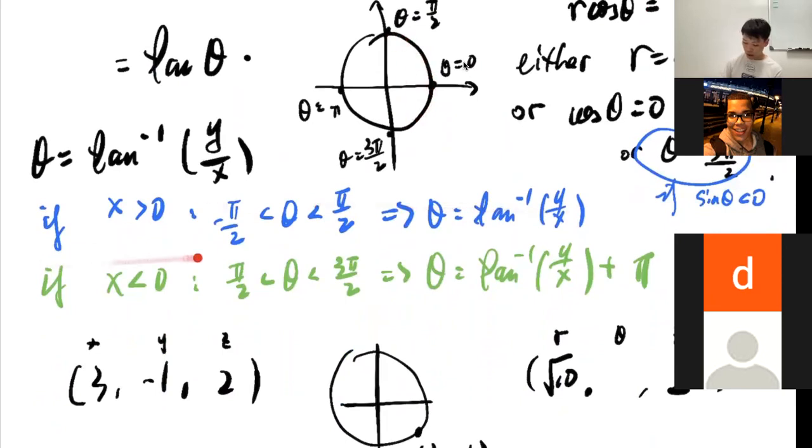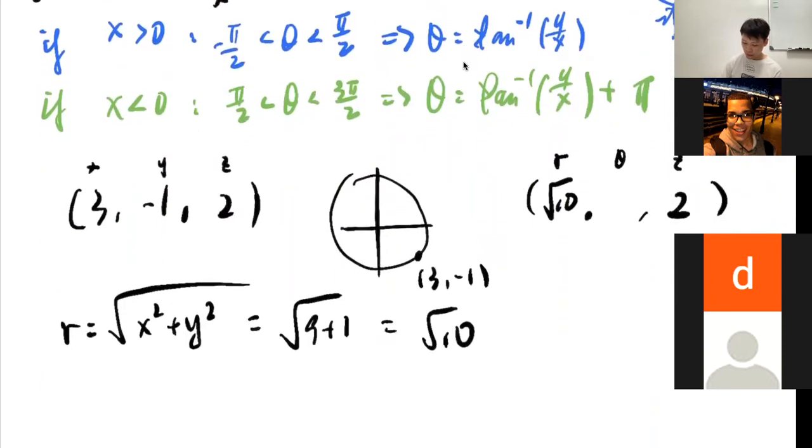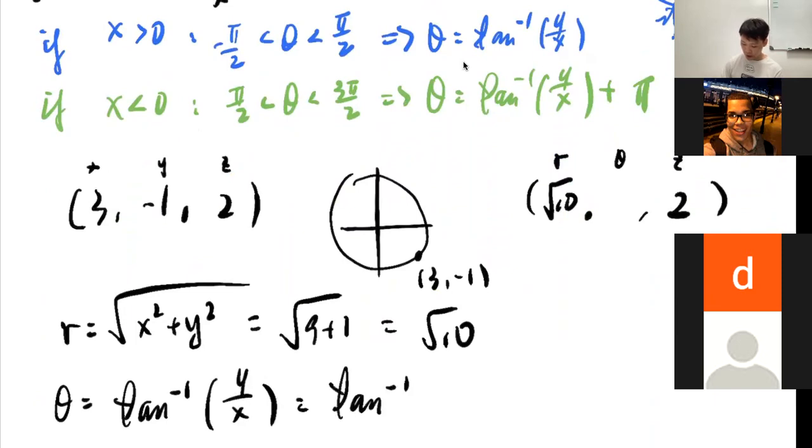That means your theta is between negative pi over 2 and pi over 2. So we can directly use the inverse tangent of y over x. So inverse tangent of minus 1 over 3. What's the answer?